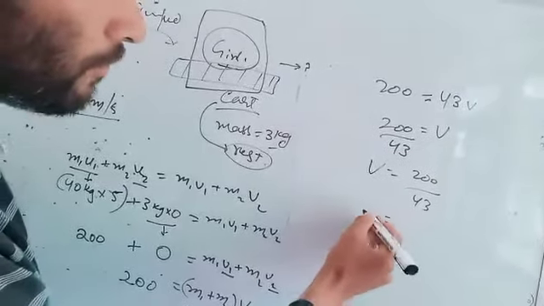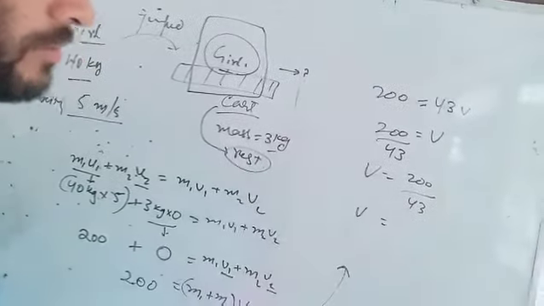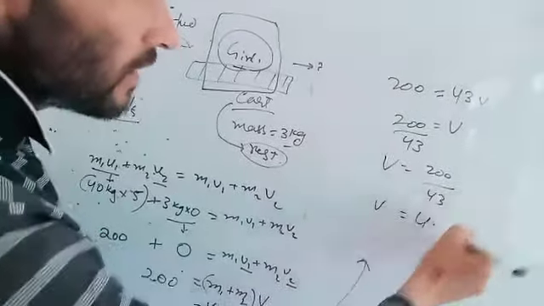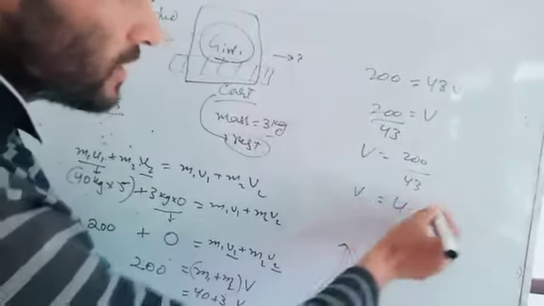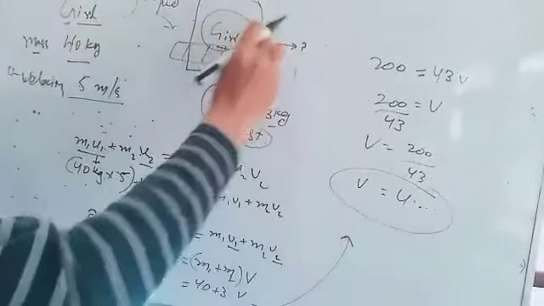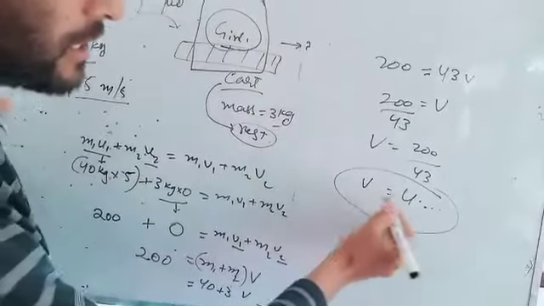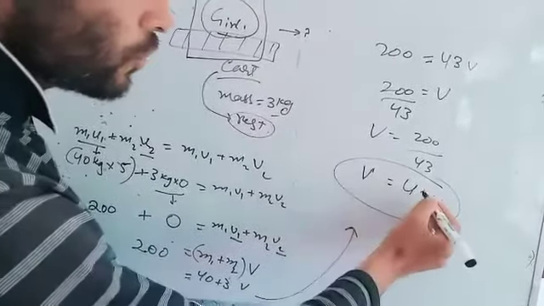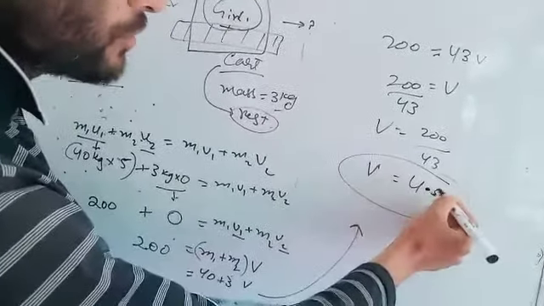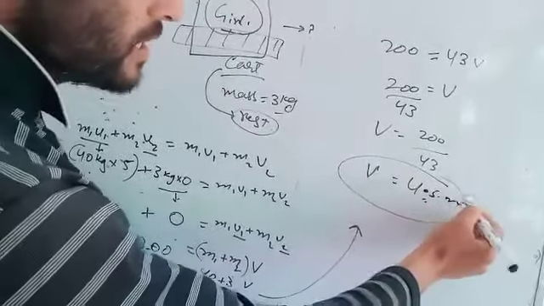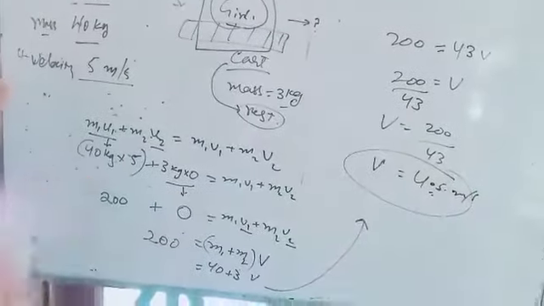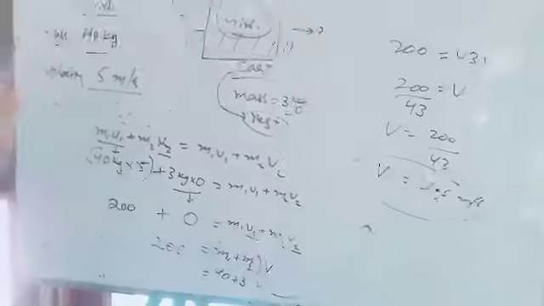You will calculate v, it will become something like 4.5. That means the velocity of the girl after the collision will be v is equal to 4.5 meter per second. That was the second example.